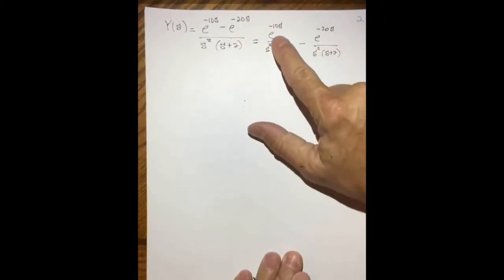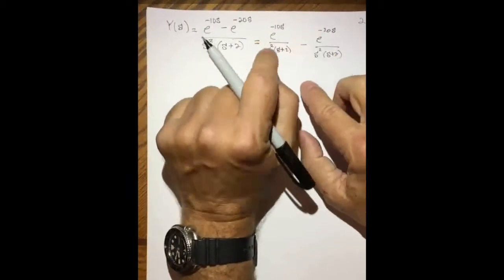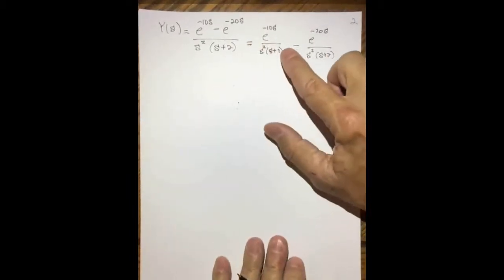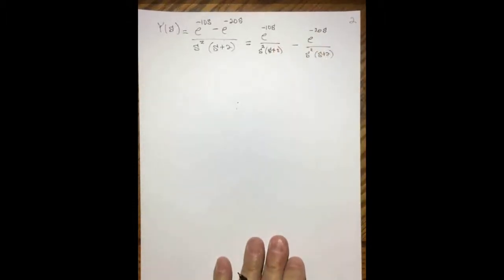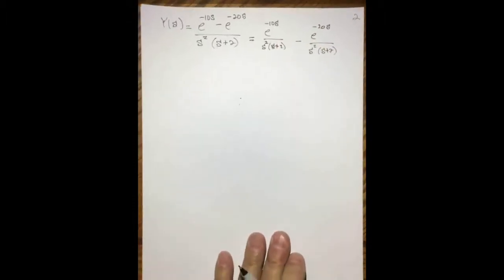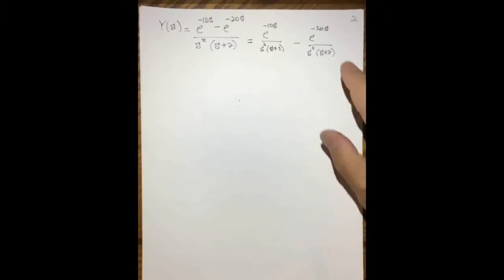Now the e to the minus 10s, anytime in the s domain, anytime after you've taken Laplace transforms, you have the exponential, that means that part of the problem has been stepped. It's going to only apply after 10, and this part's only going to apply after 20.